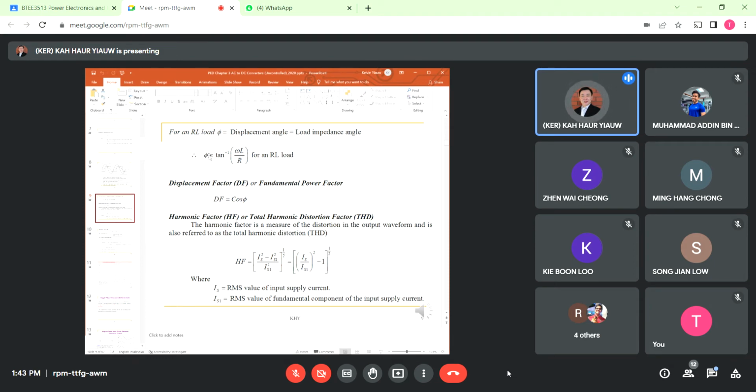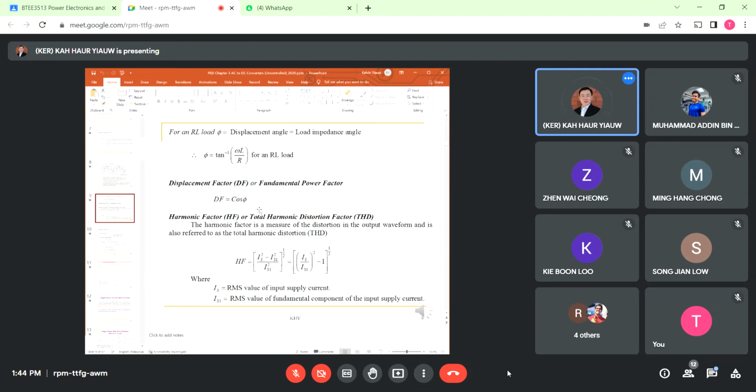The phi is this one. We also call it the fundamental power factor. That is why in some of your studies you see the power factor equal to cos theta, or cos phi. This only considers the phase angle difference between the voltage and the current waveform.